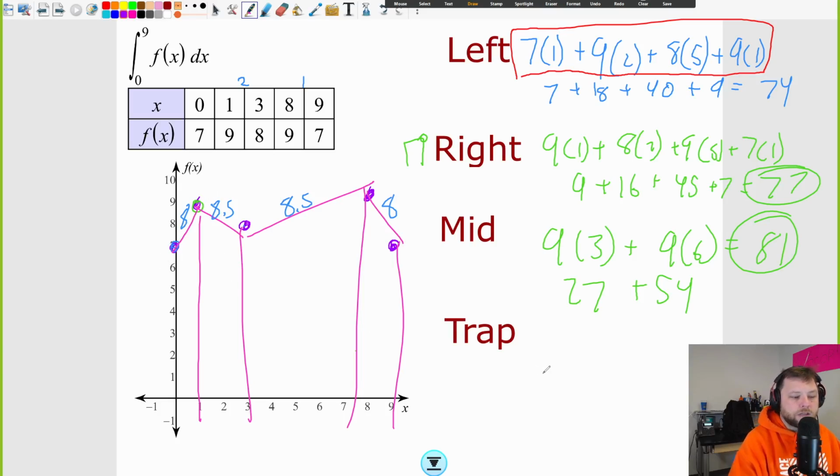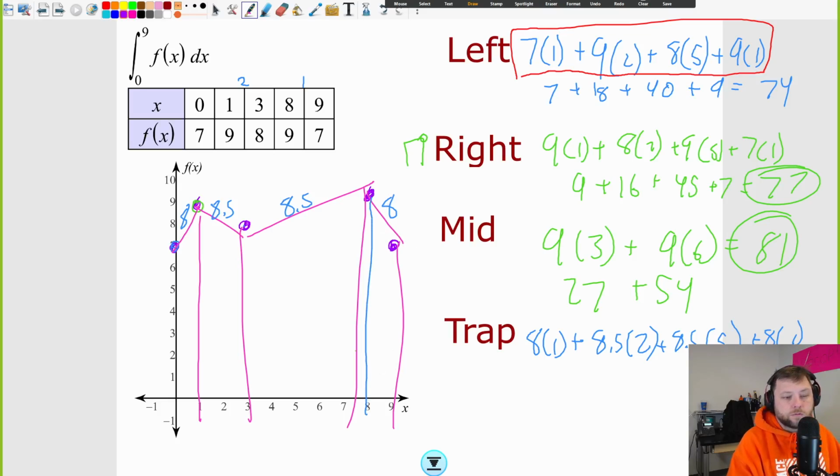So we're going to do this height here, which is going to be 8 times 1. And then 8.5 times 2 is that distance, plus 8.5 times 5, plus 8 times 1. The distance of 1, that's better. So what does that add up to?